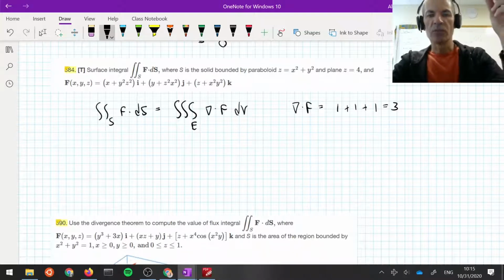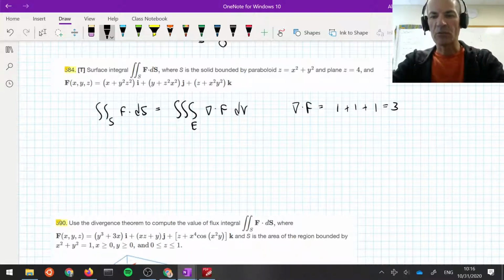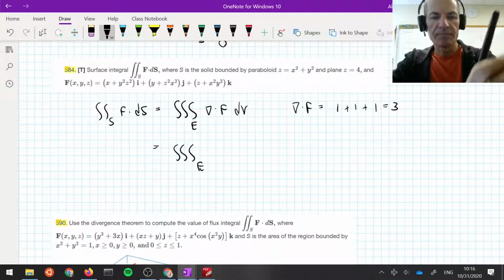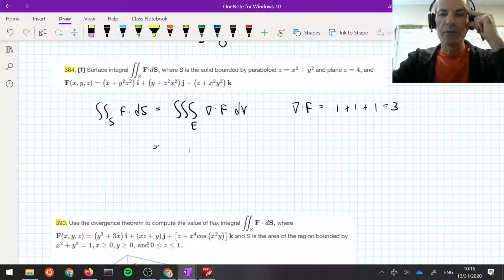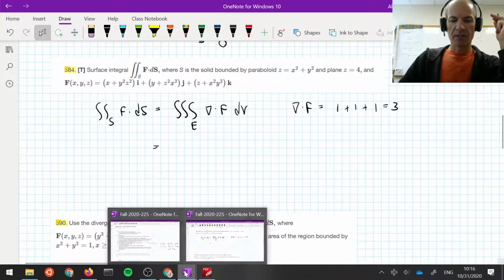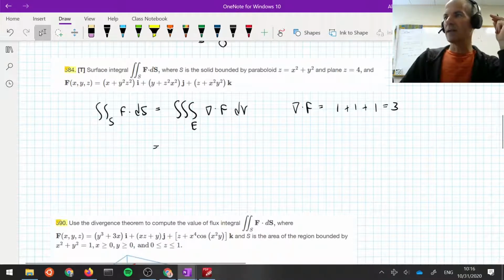That is a really messed up vector field, and it would be really complicated. This, on the other hand, I'm going to integrate over E. What kind of coordinate system are you feeling for this one? Let me go check my notes here and make sure that I remember what I used.